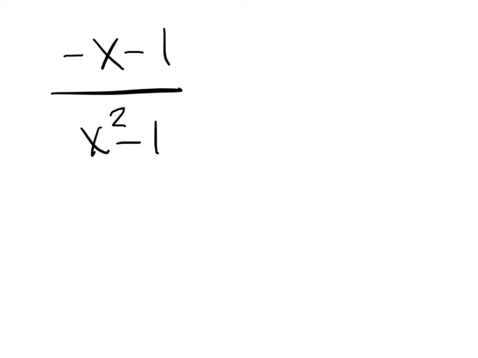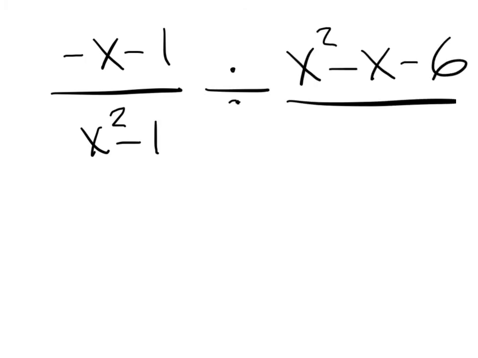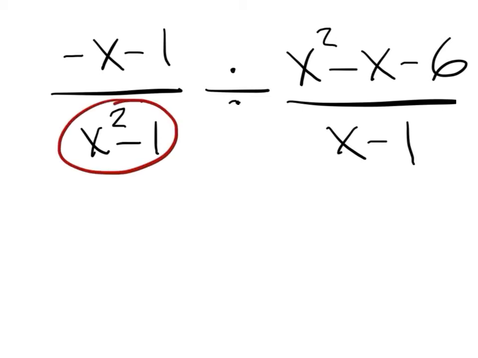This practice problem is negative x minus 1 over x squared minus 1 divided by x squared minus x minus 6 over x minus 1. The first step in simplifying this is to notice that you have this.